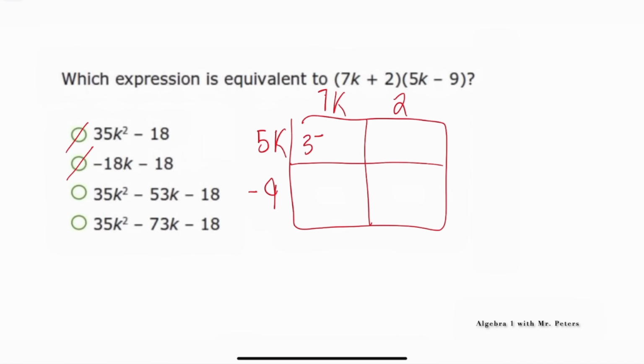So this turns into 35k squared plus 10k minus 63k minus 18. And what we're really looking for is what this is going to equal. So when we have negative 63k and we add a positive 10k to it, that's going to give us negative 53k. So we know the answer choice is going to be answer choice C.